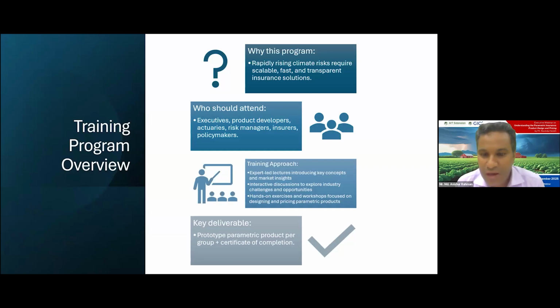So our training approach is an expert-led lecture introducing key concepts and market insights, interactive discussion to explore industry challenges and opportunities, and we also have hands-on exercises and workshops focused on designing and pricing parametric products.